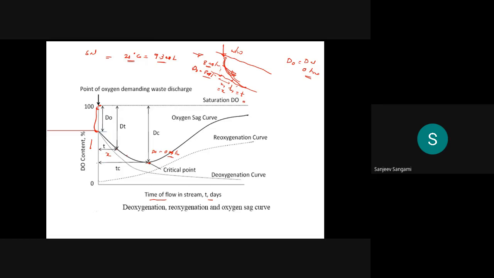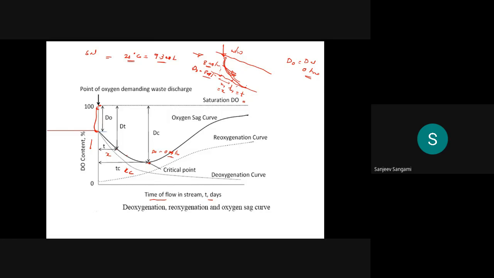That is the critical point. And whatever the time taken to reach this critical point, we can call it the critical time, that is TC. Then this distance we can call XC, which we have not mentioned. It is TC as well as XC.